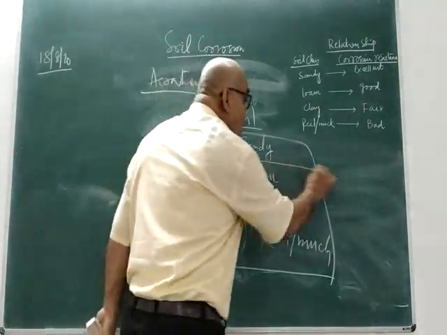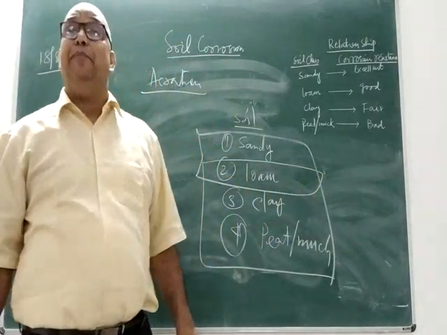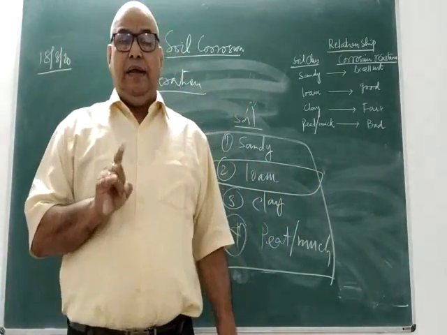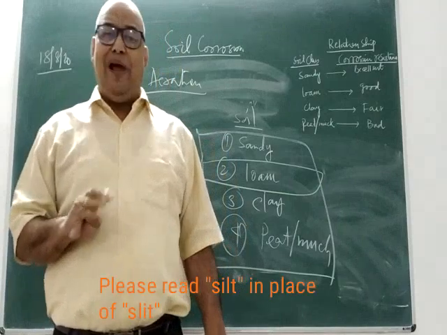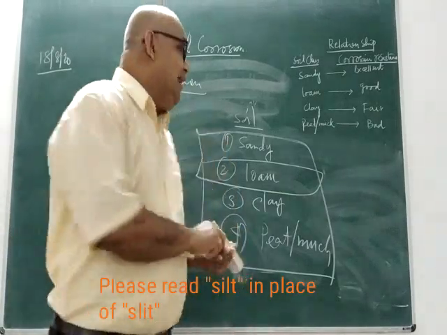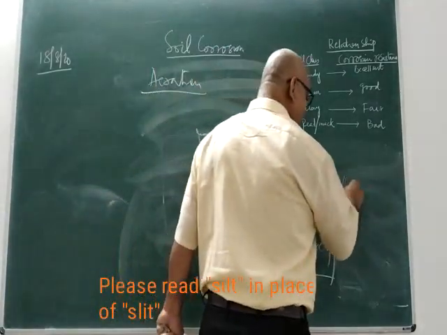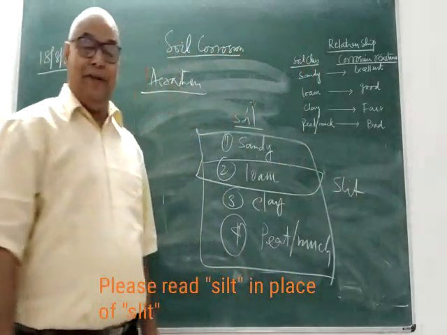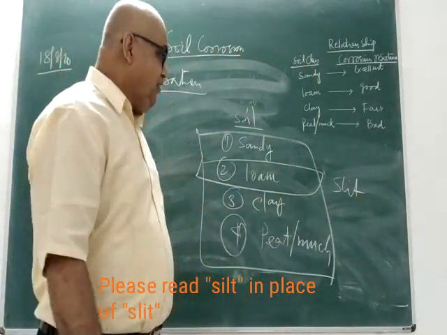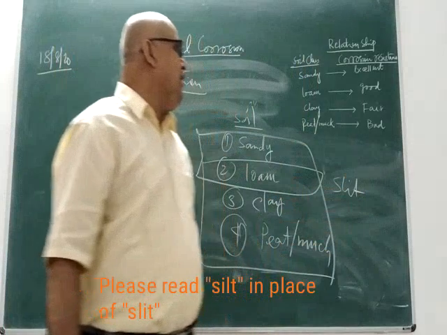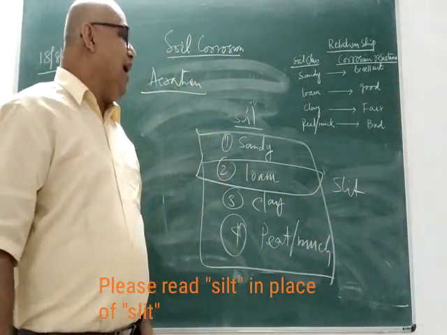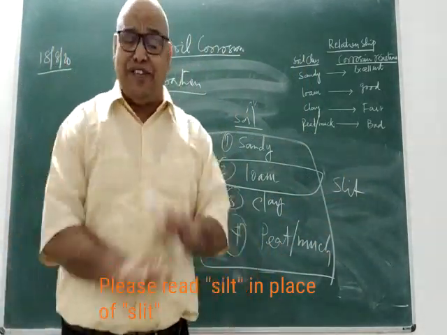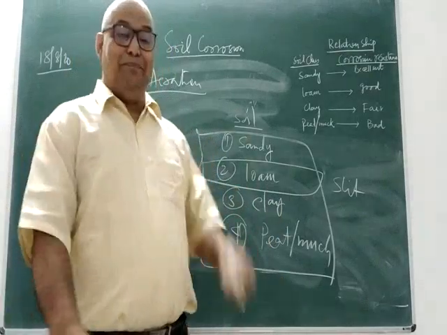If it is loam, it is actually a mixture of three things. Number one is sand, number two silt, S-I-L-T, and number three is clay. And silt is actually in between sand and clay, and therefore it helps in mixing both of them.